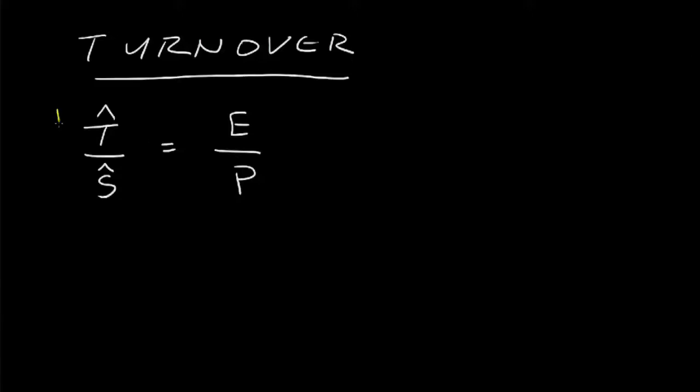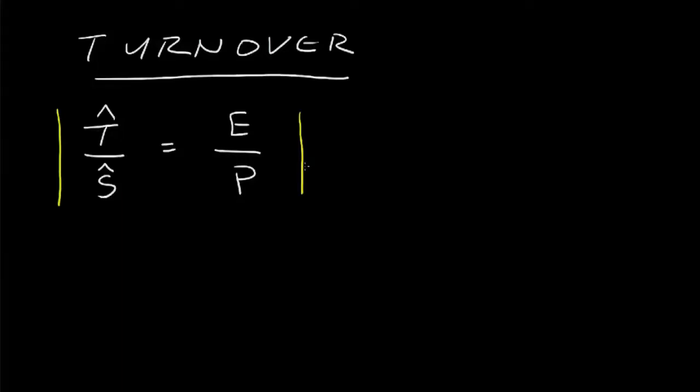So here we have T hat relative to S hat, turnover relative to species richness at equilibrium, being proportionally the same as maximum extinction rate relative to the number of species that occur on our source pool, or the maximum number of species that could occur on our island.